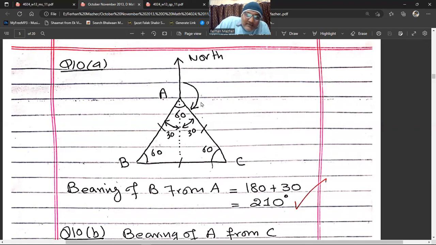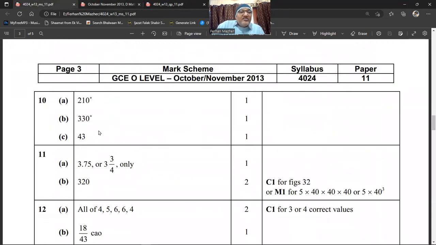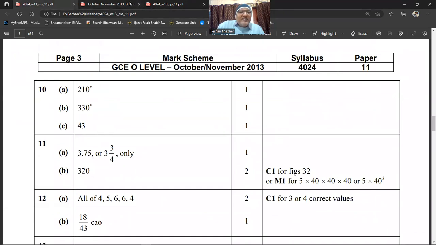So from here to here, this angle will be 180 and further you go 30. So 180 plus 30, that will be 210. So this angle is 210. The bearing of B from A is 210. 210 is the right answer, sir.